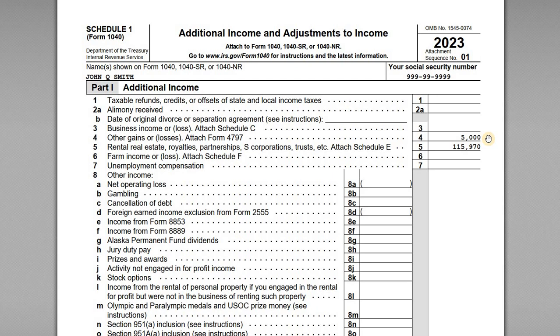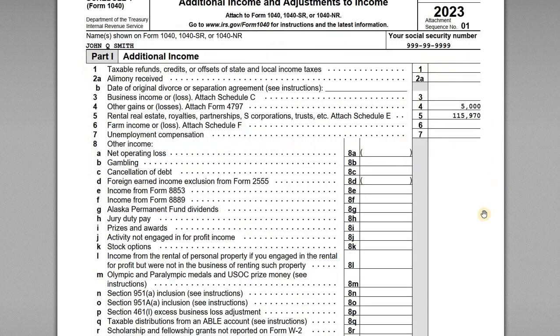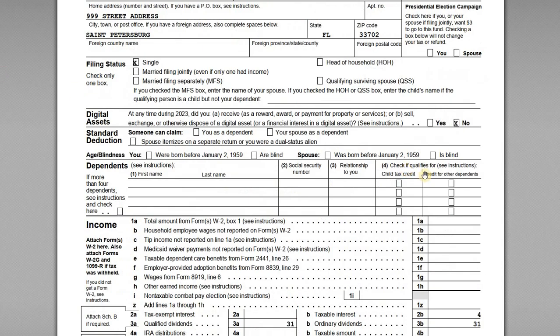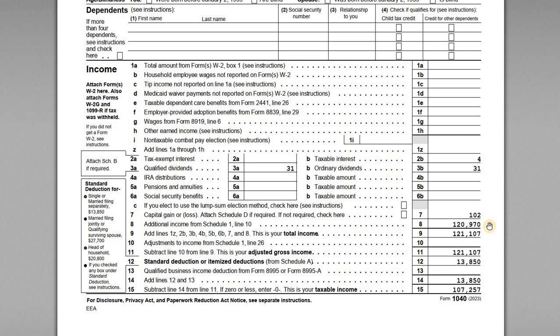So this is $5,000 of ordinary income, and that's because it was fully depreciated using Section 179. So we have the 179 recapture, which is the $5,000 amount. All right, so ultimately the total of additional income here is going to flow through to page 1 of John's Form 1040. So we've got the 120K there.